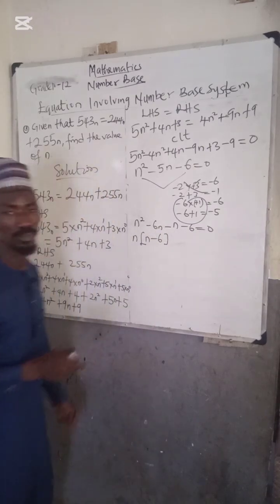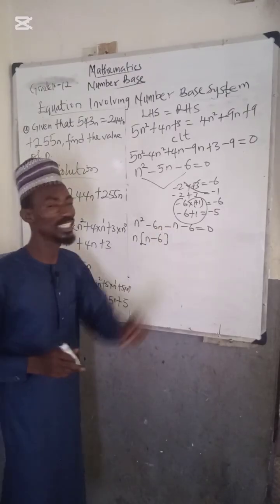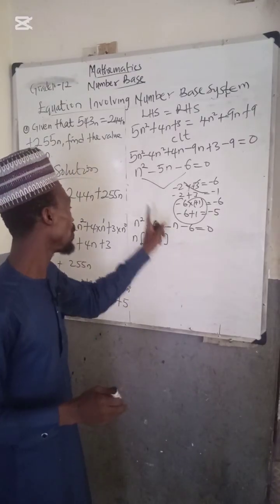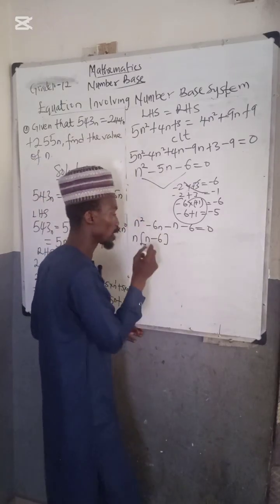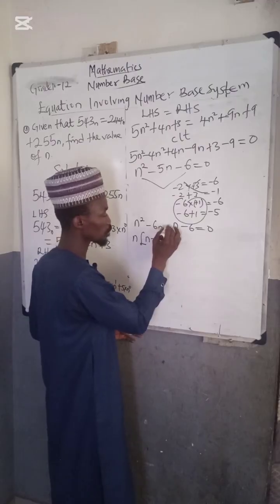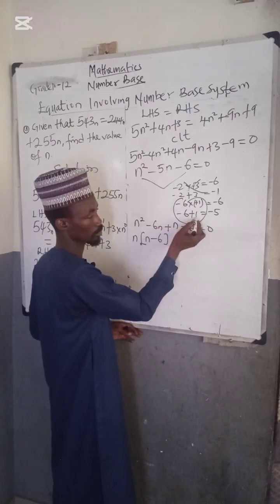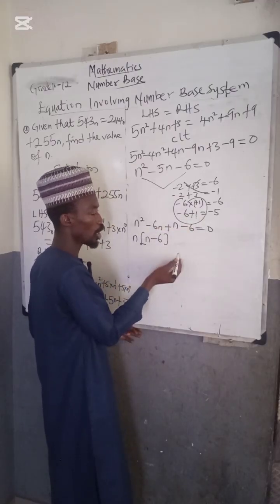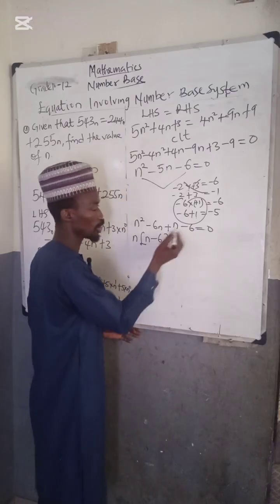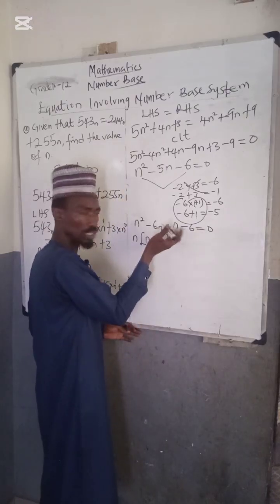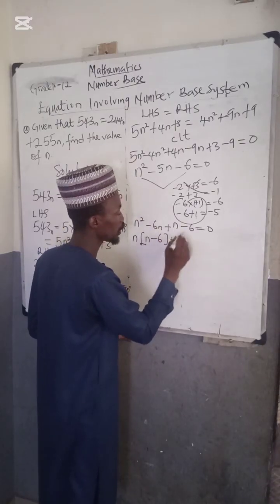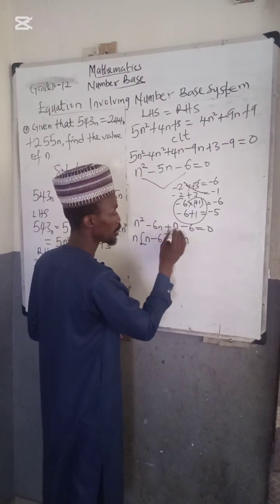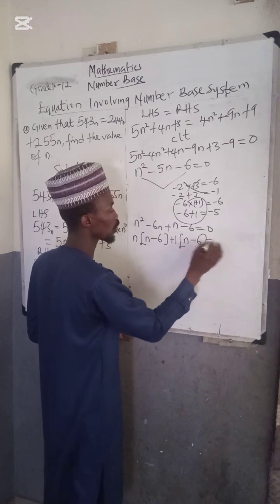It's minus 1, because the possible GCD, greatest common divisor between these two is minus, we can say 1. Remember, this one is plus. Sorry, it's plus. So it is what? Minus, if you say minus 1, it will affect this. So it is what? Plus 1. So you have n minus 6 equals to 0.